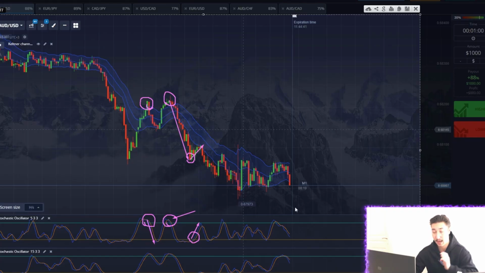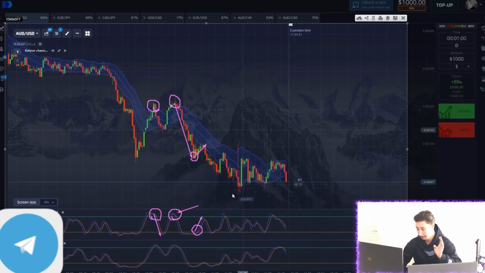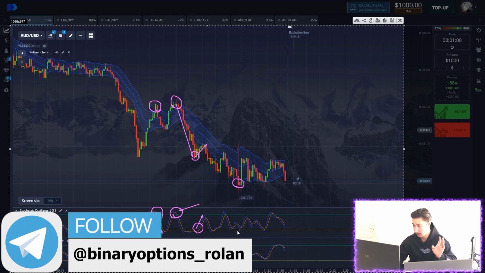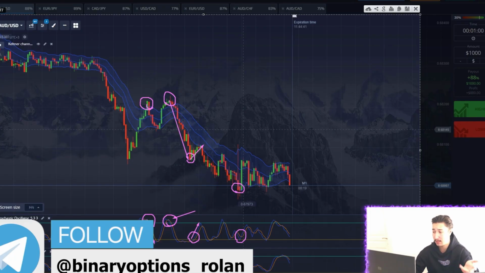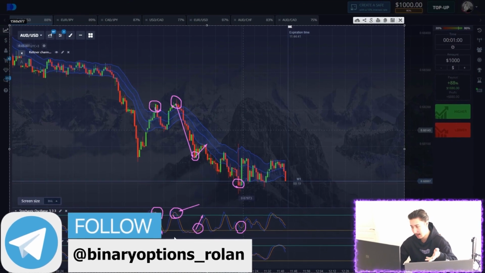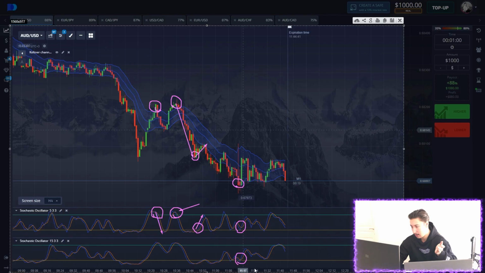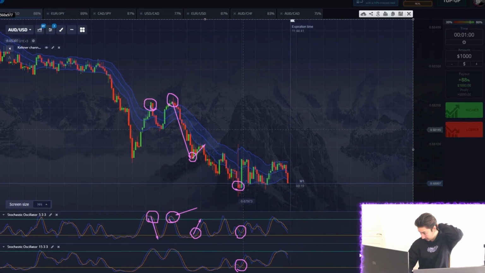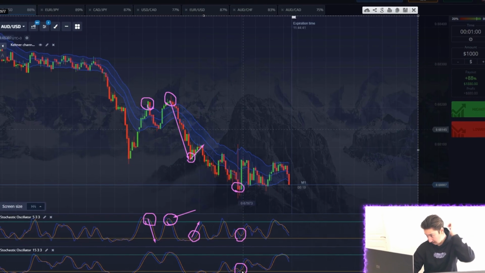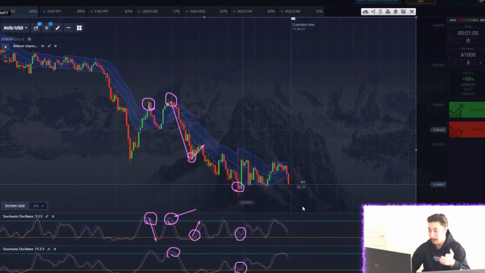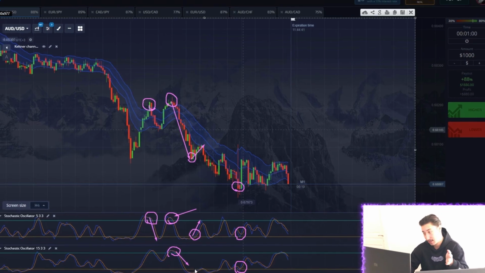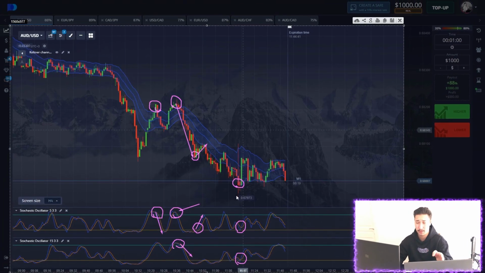So we see this excellent pattern here, and overall we can also look at the lower stochastic, which is less sensitive to price. So if you see the breakout on the upper one together with the breakout on this stochastic, then this is a 100% signal, guys. It's impossible to lose here.